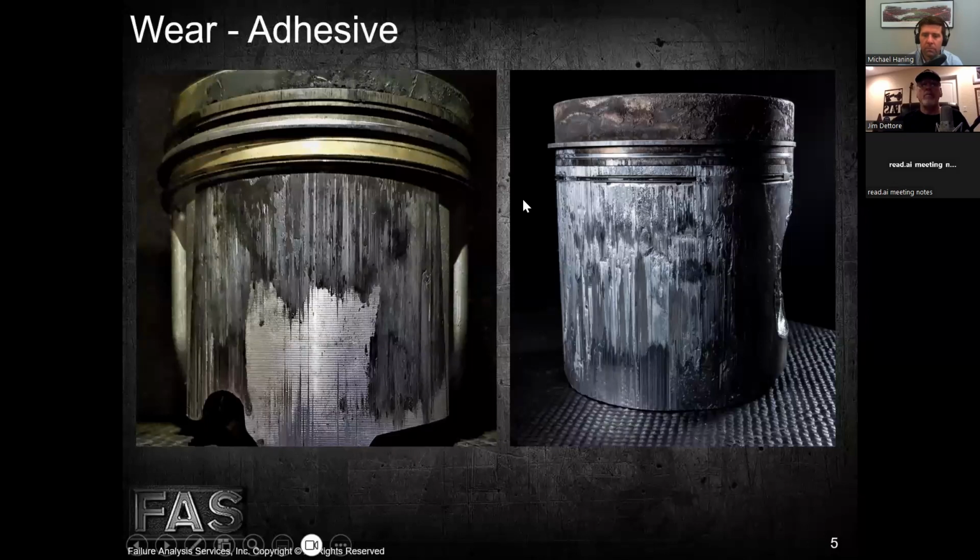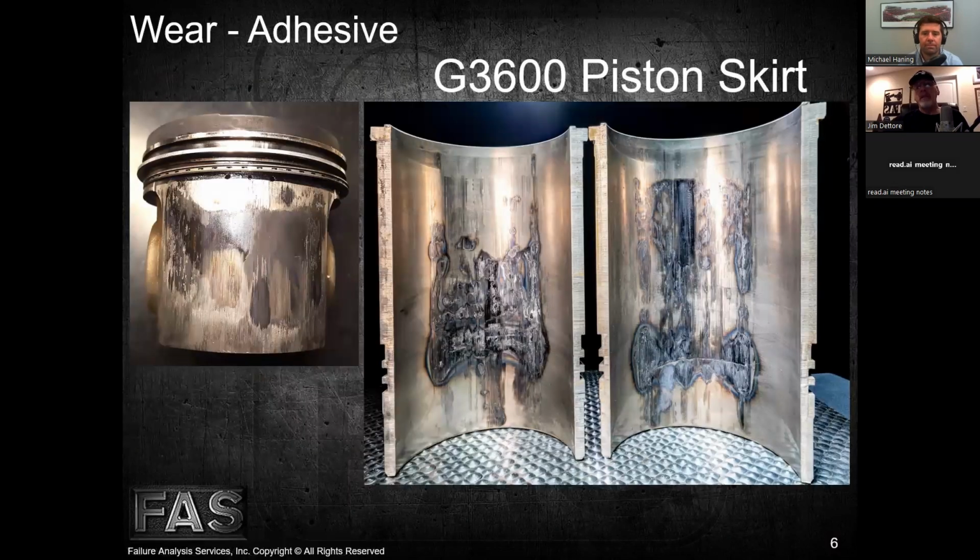Okay, so when you talked about the inside of the cylinder wall, here we've taken a cylinder liner and cut it in two and then photographed it, but this actually uses a steel piston rather than an aluminum piston. So this piston here is all steel, and the black stuff that you see on here is what's referred to as an anti-friction coating or a moly disulfide coating that should be on the whole piston skirt area.